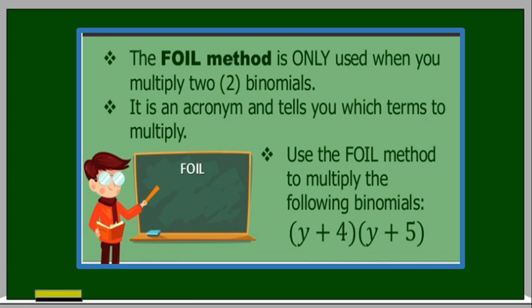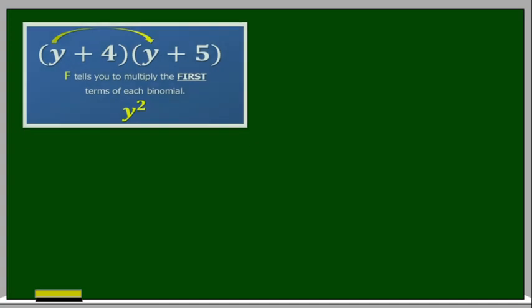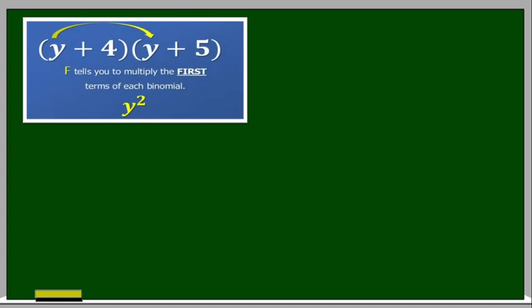It is an acronym and tells you which terms to multiply. For instance, if we have the quantity y plus 4 multiplied by the quantity y plus 5, this is an example of a binomial multiplied by a binomial. So what will be the product? We will apply the FOIL method.